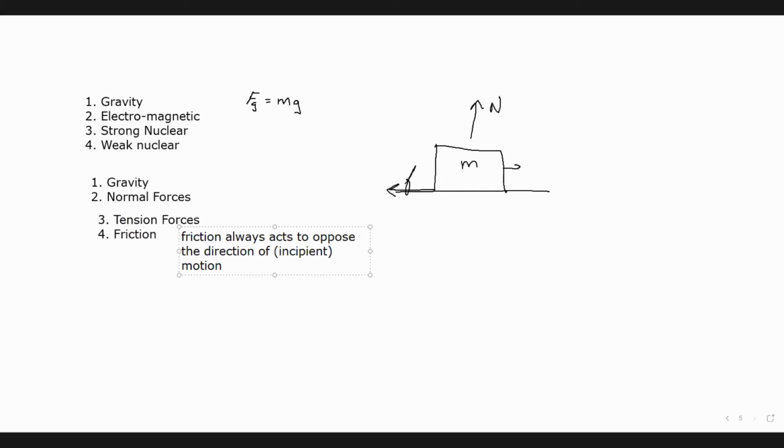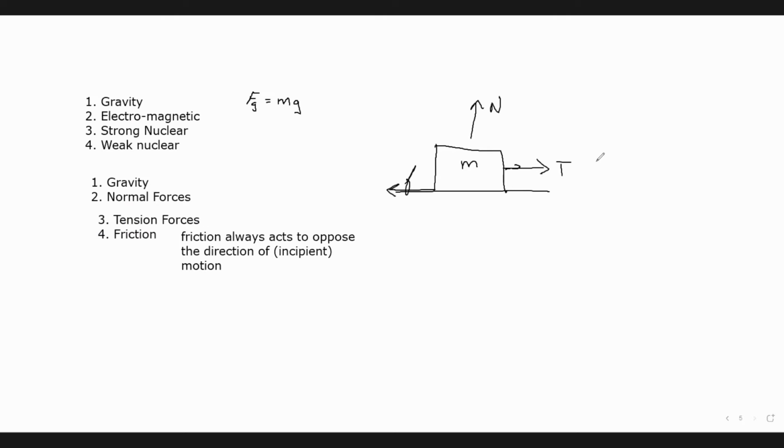So if the body is moving, friction always acts to oppose the motion. Let's say that I pull on this block with a tension T, but the block isn't actually moving because the tension is not great enough to overcome the frictional force.